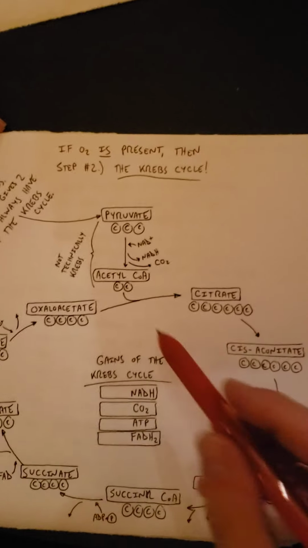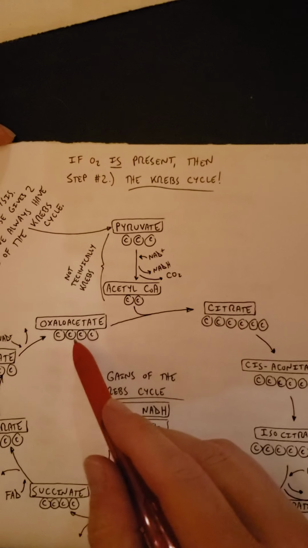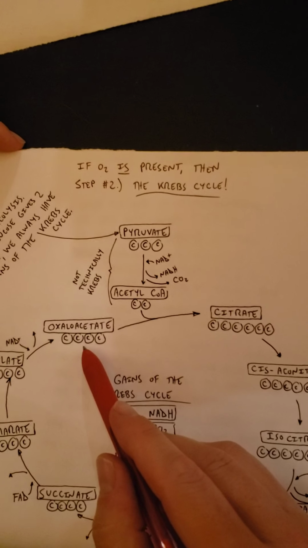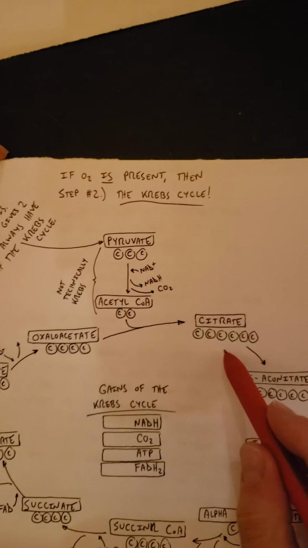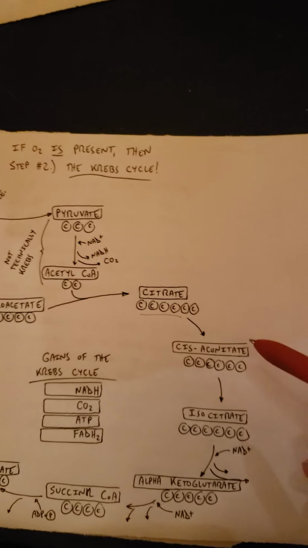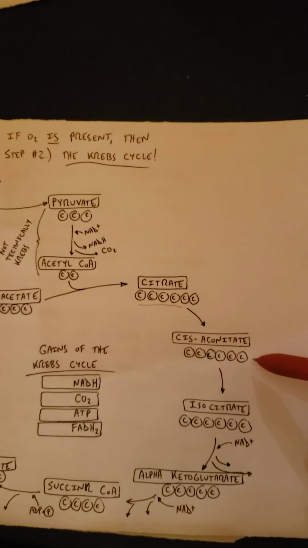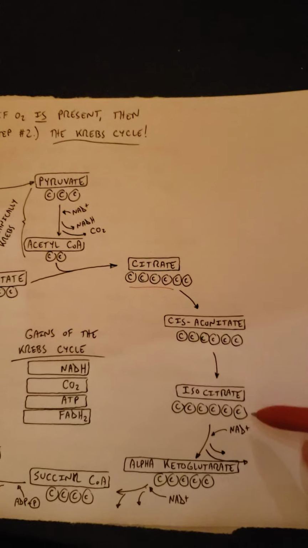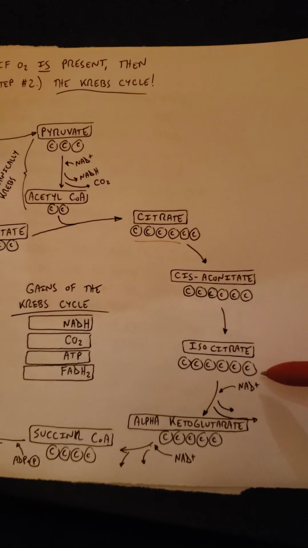The first step of the Krebs cycle, acetyl coenzyme A is combined with a 4-carbon compound called oxaloacetate to give us a 6-carbon compound called citrate. So 4 carbons plus 2 carbons gives us 6 carbons. 6-carbon citrate turns into 6-carbon cisaconitate, which is turned into 6-carbon isocitrate.